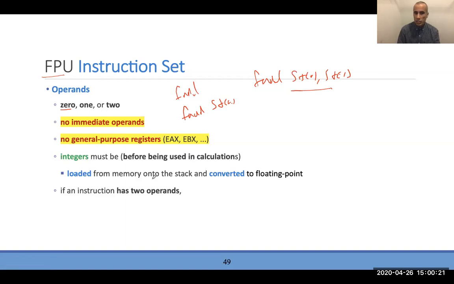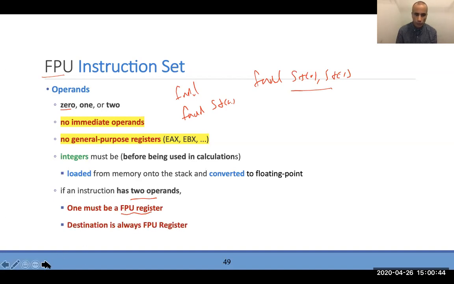Okay, if an instruction has two operands, keep this in mind, one of them must be an FPU register. It's very much similar to the integer case, because x86 is a CISC architecture, right? And it is register-memory, so we need to have a register in there, okay? So this is very strict.